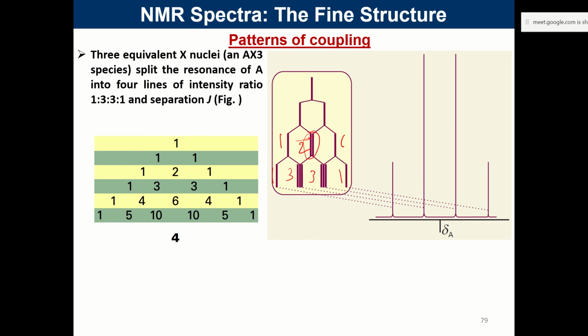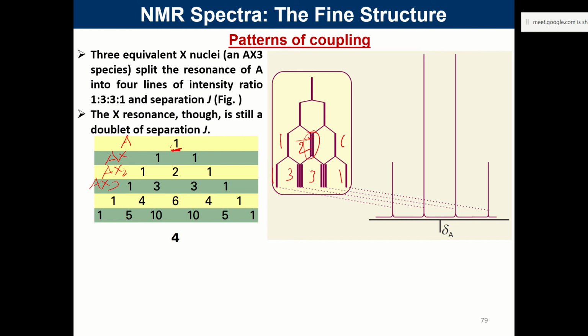One signal splits into two lines of equal intensity. So you have A, AX, AX2, AX3. Like this you can draw the pattern and go on.